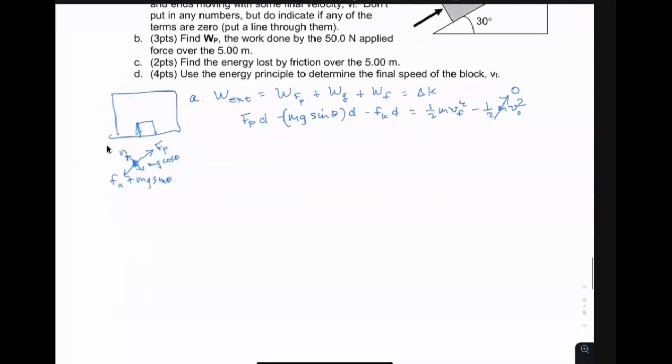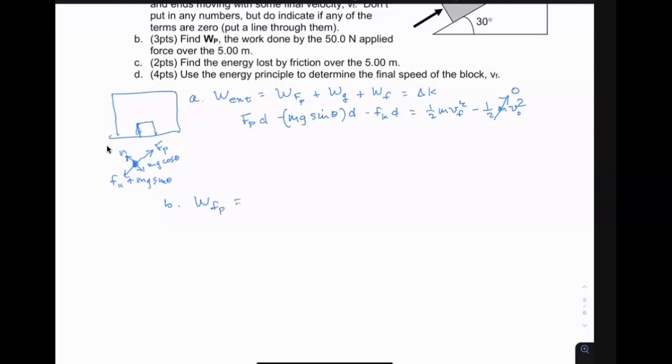In part B, we want to find the work, W sub P, done by the external force, the 50 newton external force applied over the 5.00 meters. So we've already written that down above.